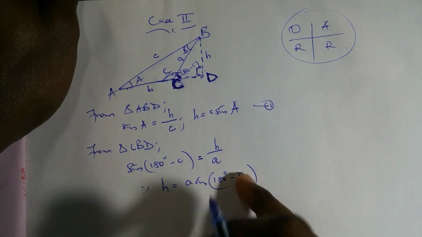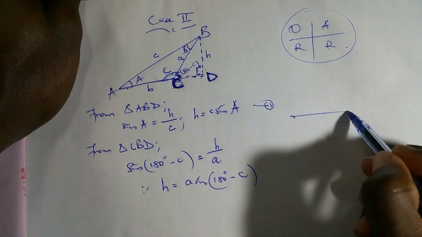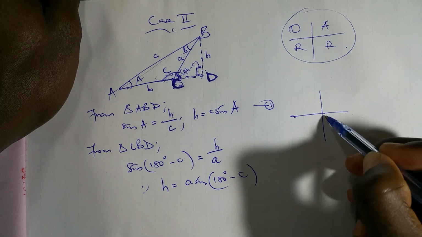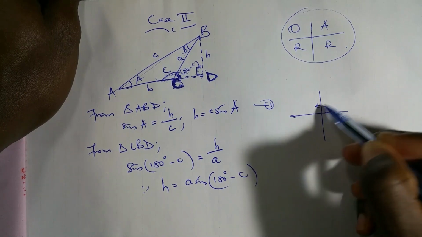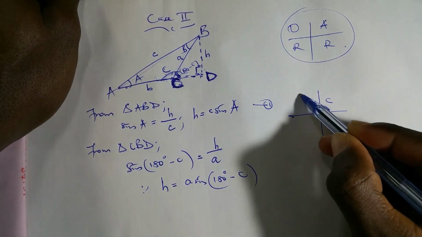But since it's 180 degrees minus C, that means it's something of this nature, whereby it's measuring C up to the second quadrant, which is obtuse.